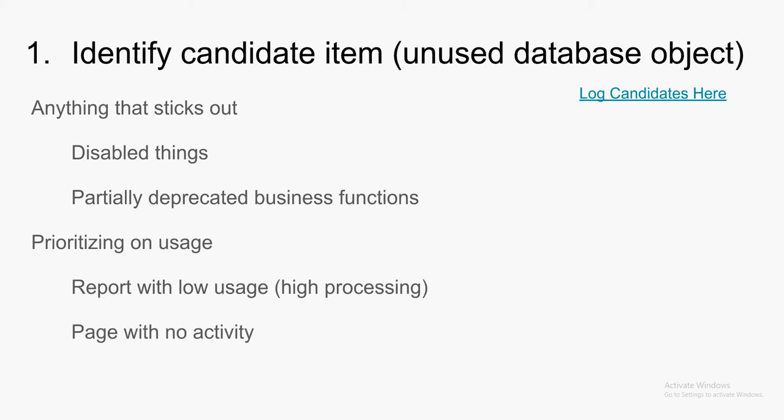And also we can cross-reference the web server logs and look at all the pages that are being hit, let's say taking a week or a month of activity, and compare it to all the known pages on the website to see which pages aren't used. That would give us a good list of candidate objects that might be in those pages that are not being used.